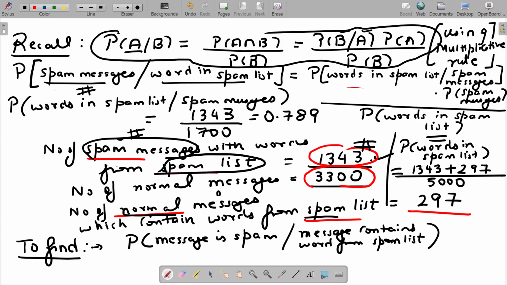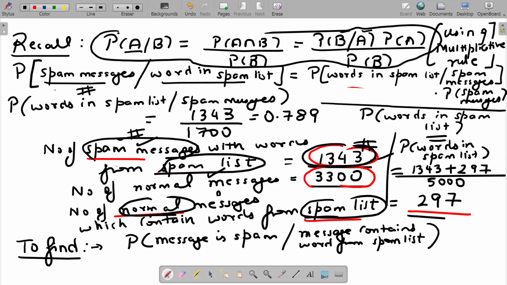I just add them up and divide by the total number of messages, 5000.